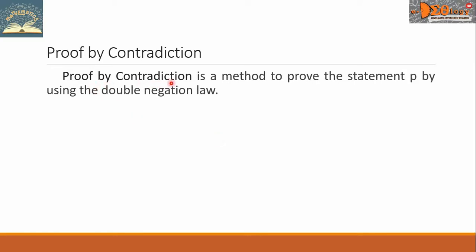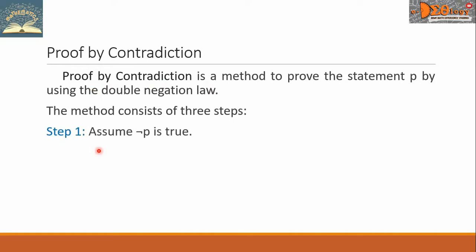Proof by contradiction is a method to prove the statement P by using the double negation law. This method consists of three steps. Step 1, we assume that not P is true. Step 2, find a contradiction.